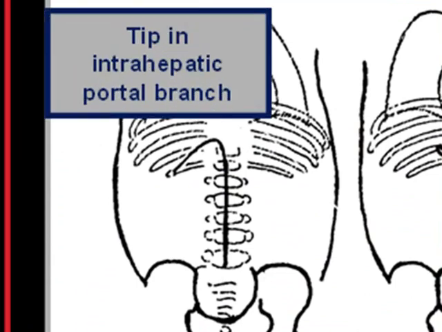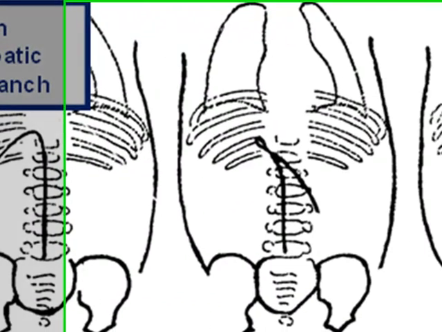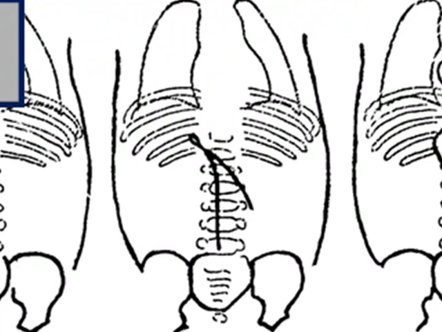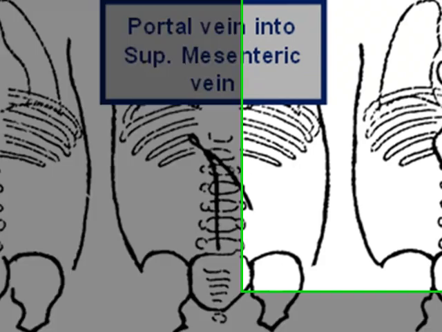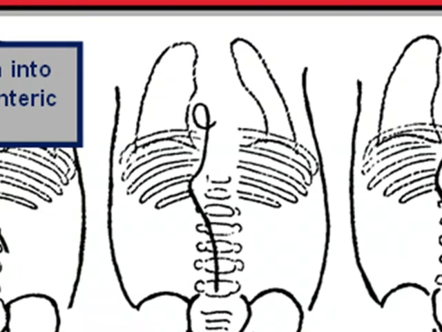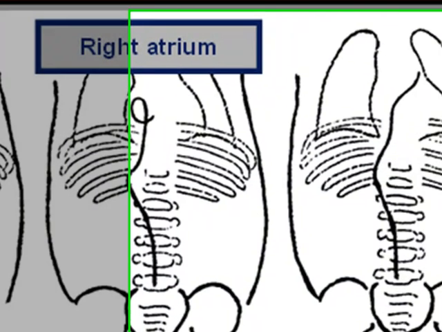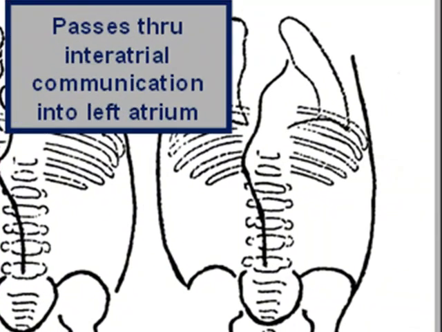This catheter has its tip in an intrahepatic branch of the portal vein. This catheter has its tip in the superior mesenteric vein. This catheter has its tip coiled in the right atrium. This catheter has its tip extending through the interatrial septum into the left atrium.